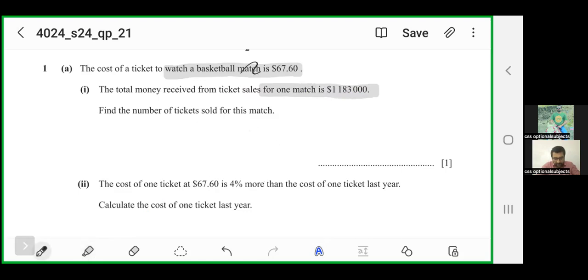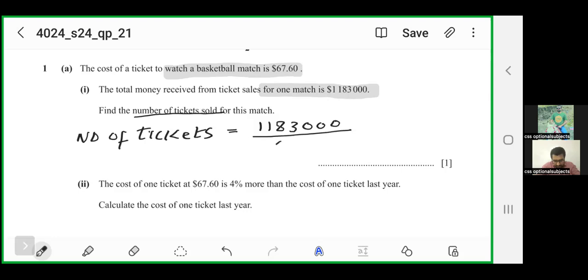Now you have to calculate the number of tickets. If you have to calculate the number of tickets that were sold, that is very simple. You just need to divide the total amount that was collected as a result of the sales by the cost for one ticket, which is 67.60.